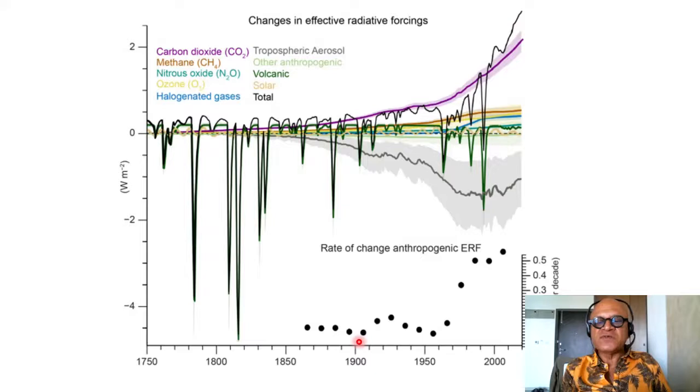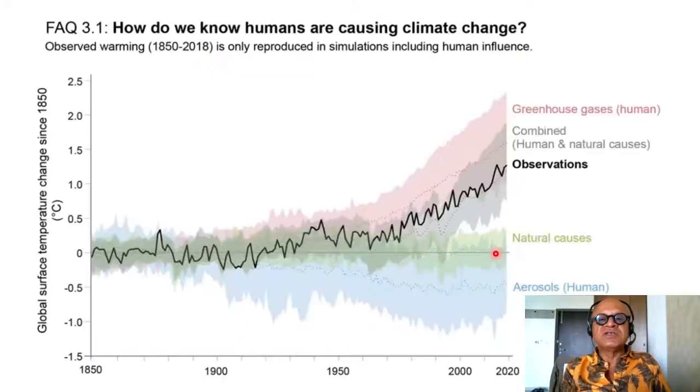This is the rate of change of anthropogenic effective radiative forcing, and you can see that we are now per decade into more than half a watt per meter squared of effective anthropogenic radiative forcing. So it's not just CO2 doubling that we have to worry about when we do future projections in terms of climate sensitivity.